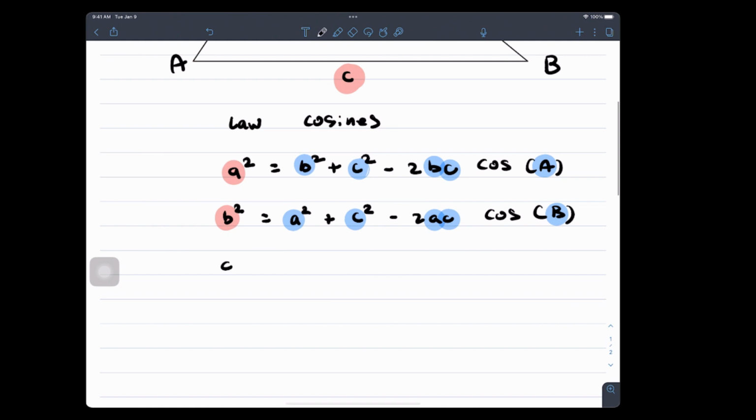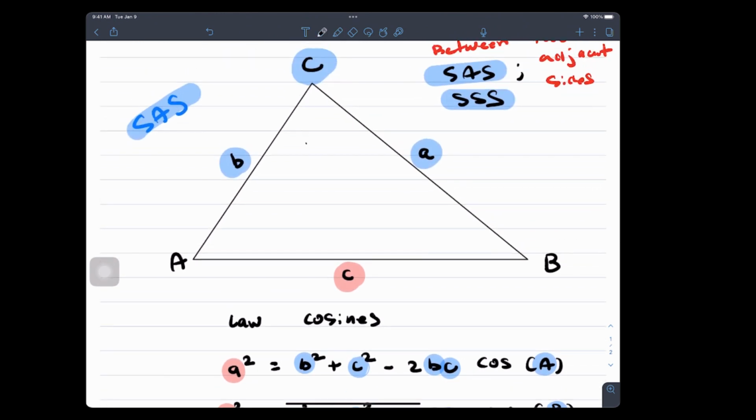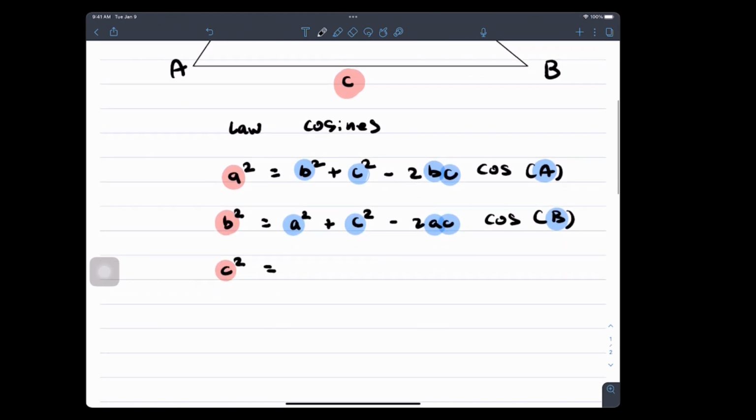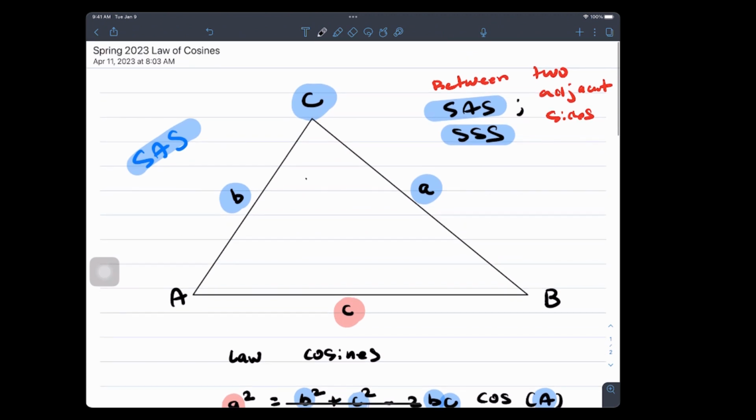So c squared, that side here, ladies and gentlemen, is going to equal, what did they give you? What are the two sides they gave you, A and B? So it's going to be A squared plus B squared. And then don't forget minus 2AB, those same sides. And that's going to be cosine now of angle C.